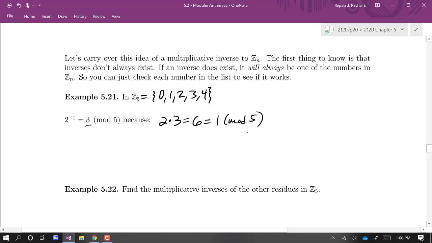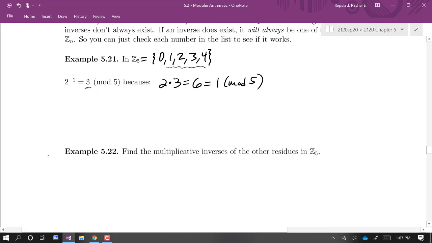And if I'm looking for an inverse, with a pretty small set like Z5, you can just check. If an inverse exists, it's going to be one of those numbers in Z5. So I just do the multiplication and check, does this give me 1? If it does, it's the inverse, and if it doesn't, then it's not the inverse. Next, it says find the multiplicative inverses of the other residues in Z5.